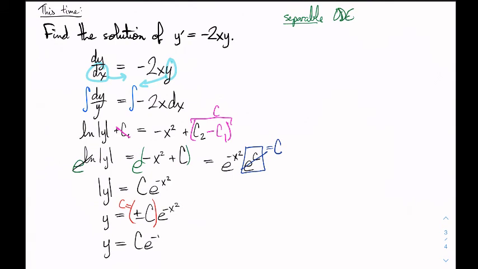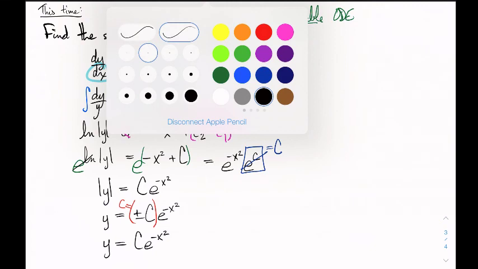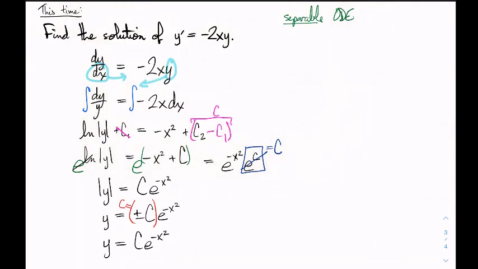And at this point, you should be throwing your hands in the air and saying, what the heck? How can you do that? So we've gone through using C on different successive lines with different meanings all the way through. Yeah, sorry folks, that's just how it works in differential equations. It's an arbitrary constant, so we just update it as we go along. This is called abuse of notation, sort of an unfortunate term, but there you go.